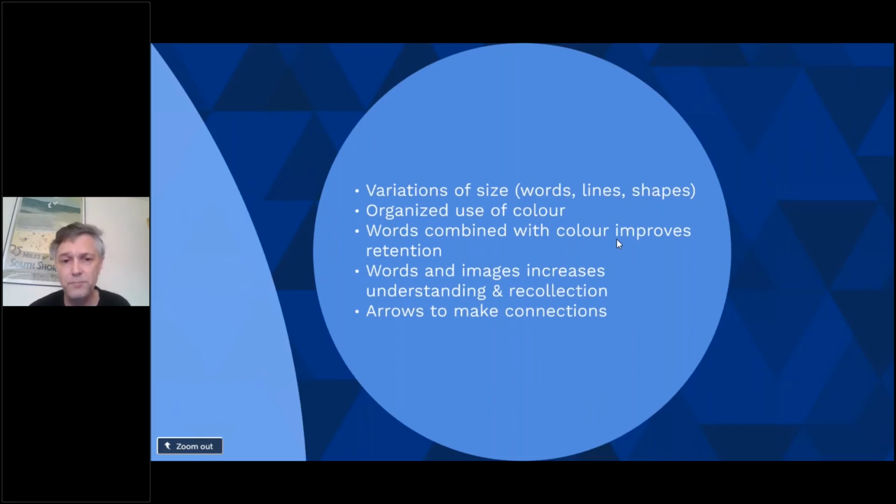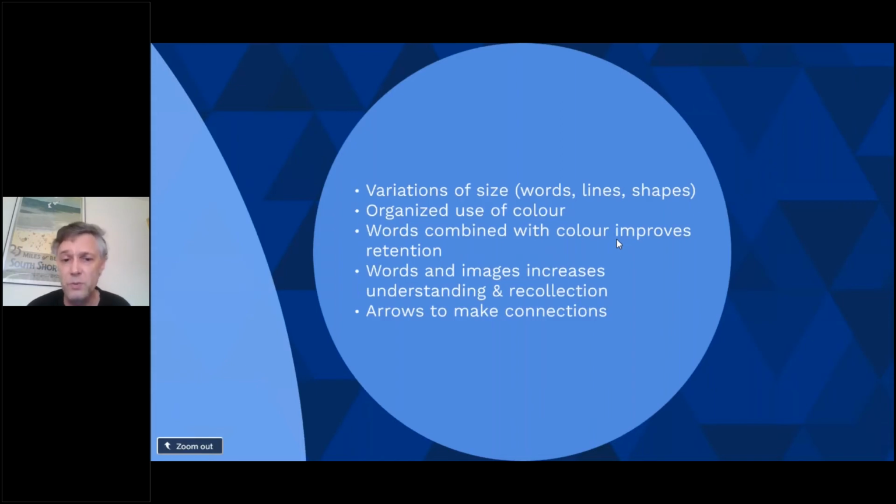your own perceptions. There is a lot of research that shows that words combined with color actually improves retention. So highlighting certain words throughout your entire map in certain colors can potentially help those concepts, those ideas jump out, which then helps you develop potentially new knowledge, because you're starting to see these elements that maybe you didn't see if everything was just black and white and everything looked the same and the emphasis was the same.